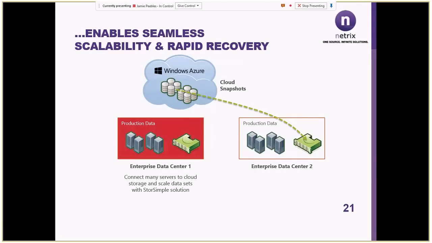If that data center were to go down, we have the ability to rapidly recover any of the information to another box or another appliance anywhere in the world, and the only requirement is that we have an internet connection to that system. Now this is a site failure.